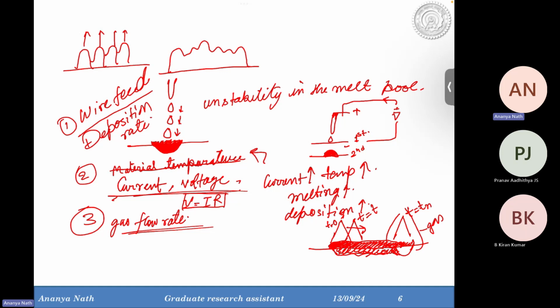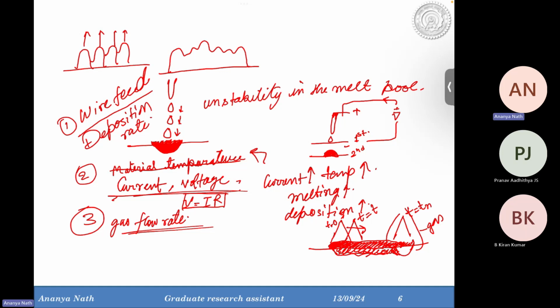It will have a certain flow rate, it will have a certain pressure, by which you can make the process contamination free. You can make the process environment constant. To maintain a constant process environment and contamination-free deposition, we provide a particular gas.